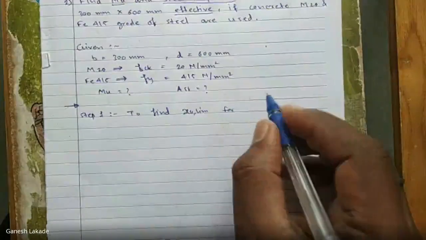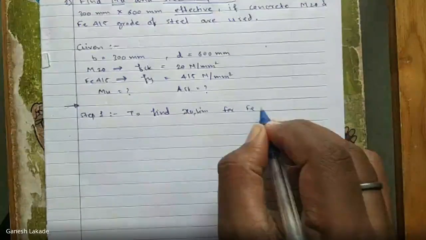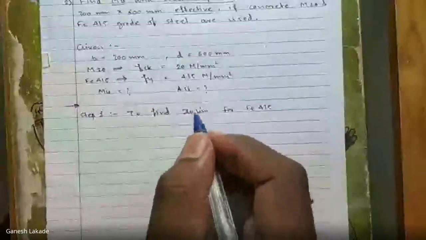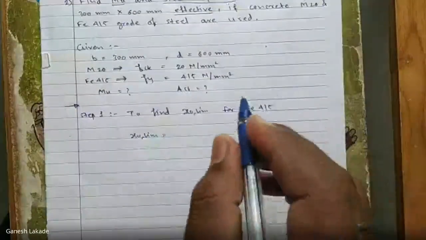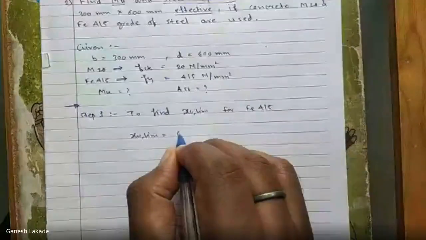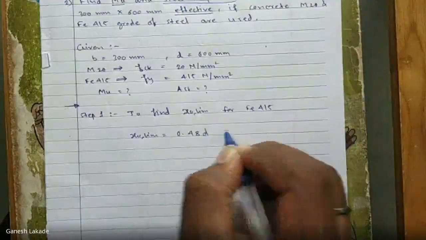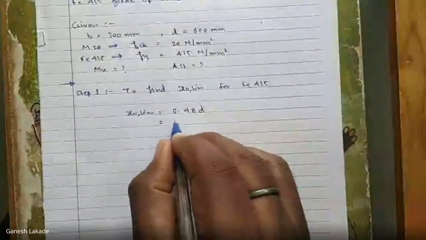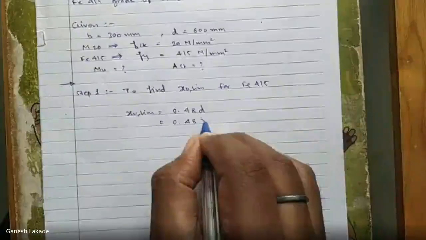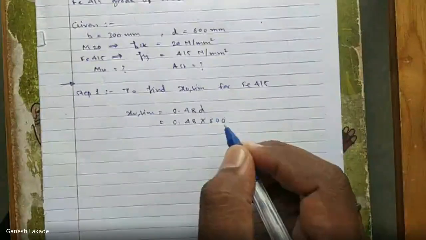We know that for Fe 415, the value of XU limiting will be equal to 0.48 D. That will be equal to 0.48 into D, which is 600, given.